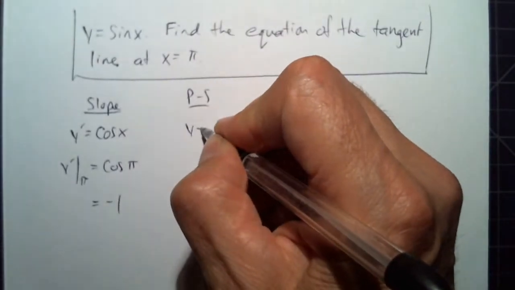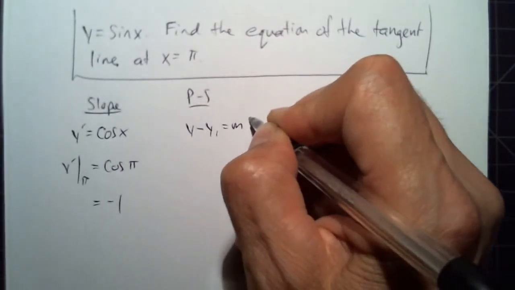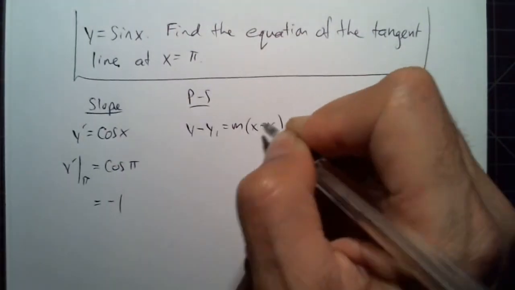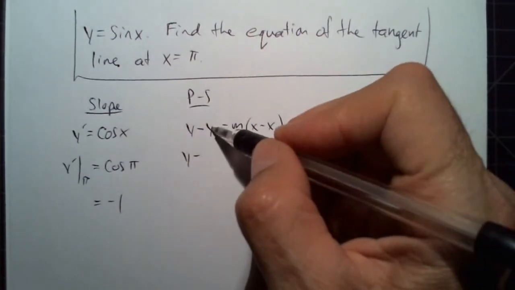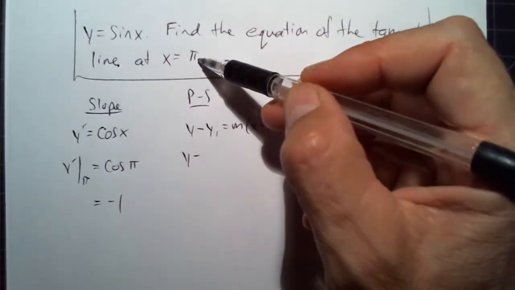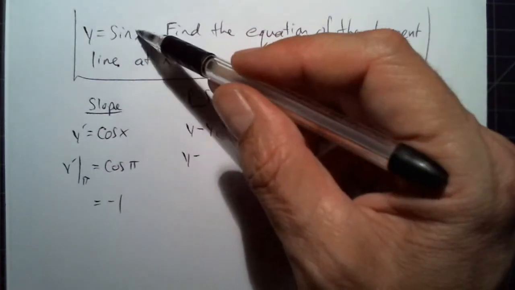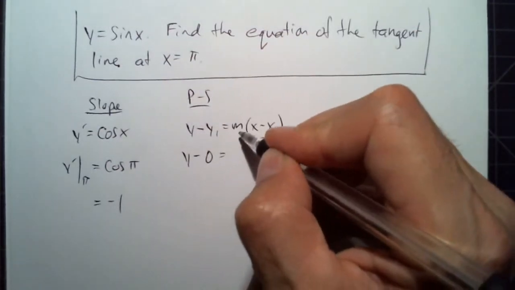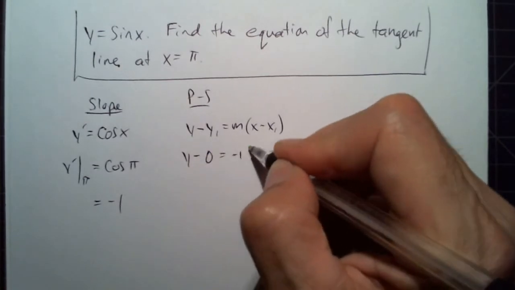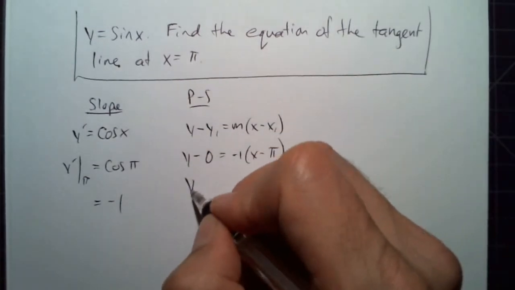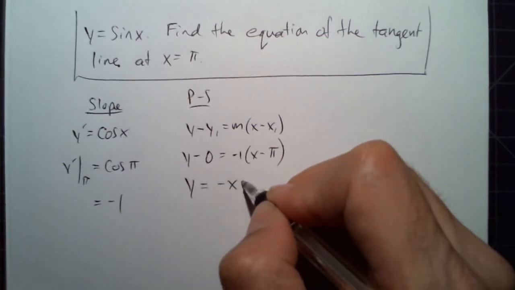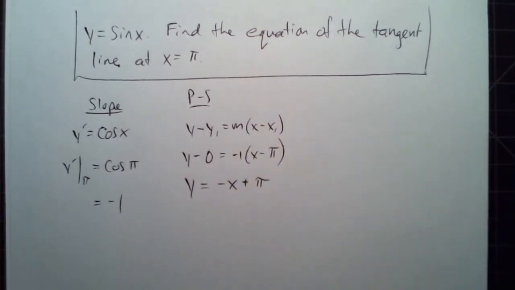And here we have y minus y1 equals m times x minus x1. Y minus the y value of sine when x equals pi. Sine of pi is 0. Slope is -1. X is pi. So the equation is that.